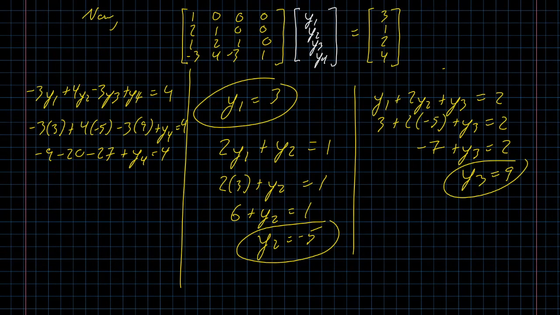Negative 29, negative 56. Not a good day to not have my calculator on me. All right, but y1, y2, y3, and y4 are all known. 3, negative 5, 9, 60.